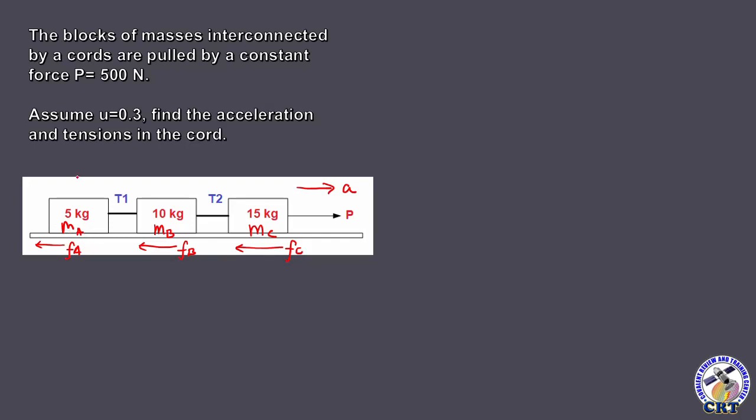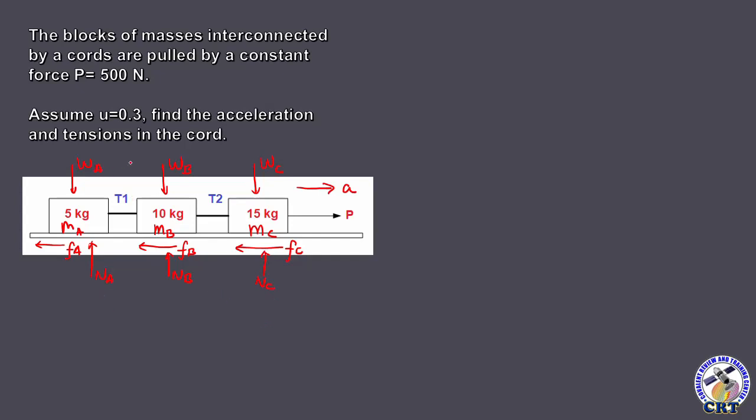What else? The effect of the weight. This is the weight of A, this is the weight of B, this is the weight of C. And for the normal force, this is the direction of normal force A, this is NB, and this is NC.